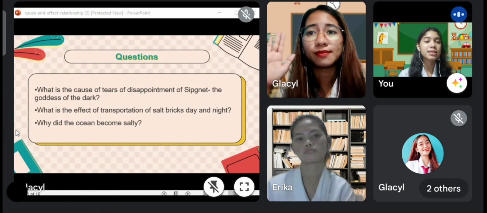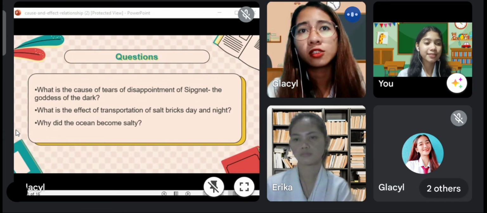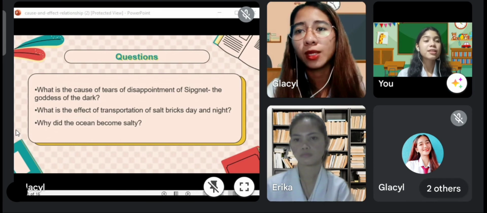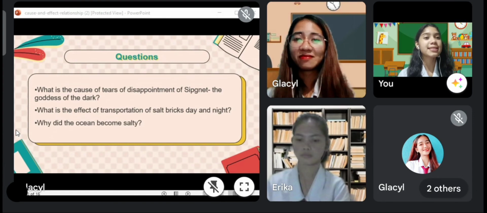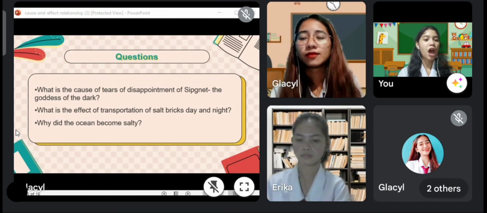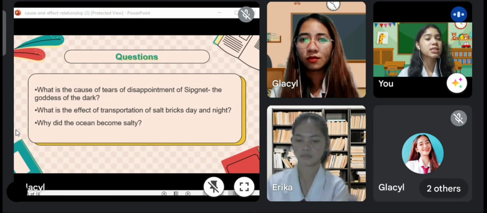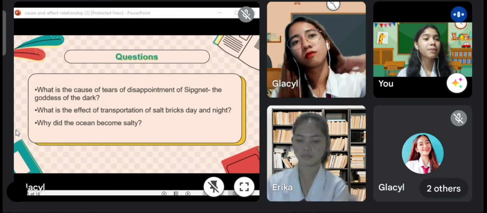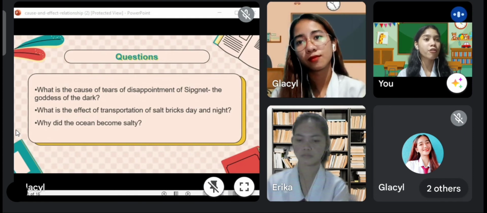So, what is the effect of transportation of salt bricks day and night? Yes, Miss Cardonia. The ocean was disturbed and lost its patience, which led the ocean to send its waves. Very good. Because of the non-stop transportation of bricks of salt, the ocean sent big waves that wiped out the people who were carrying the bricks of salt across the ocean.